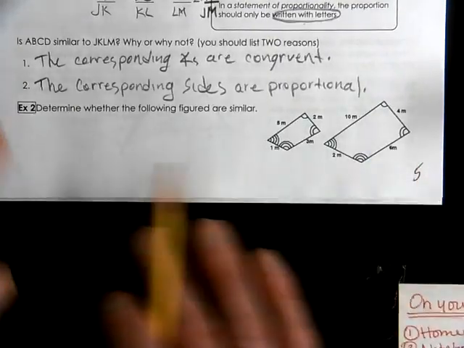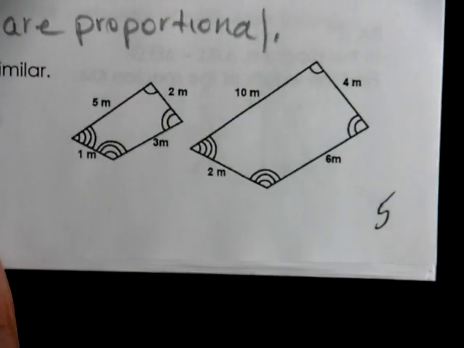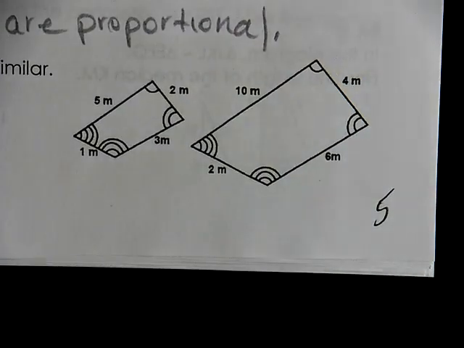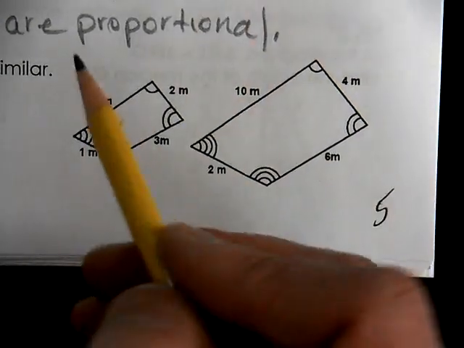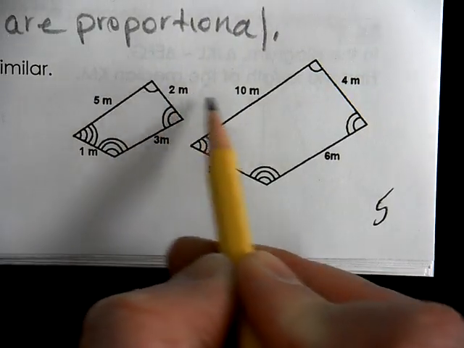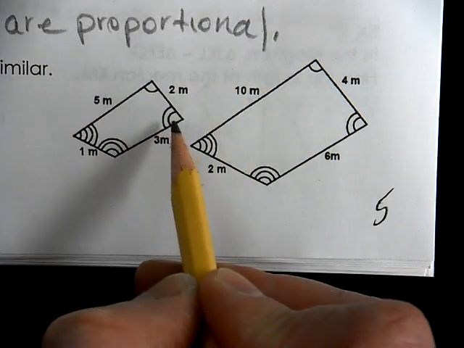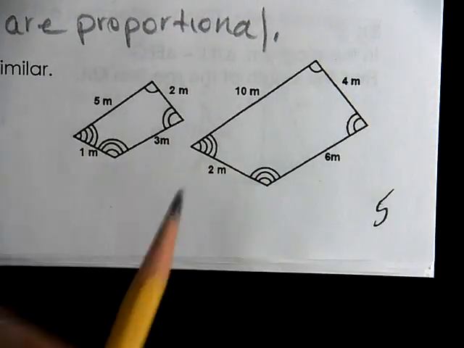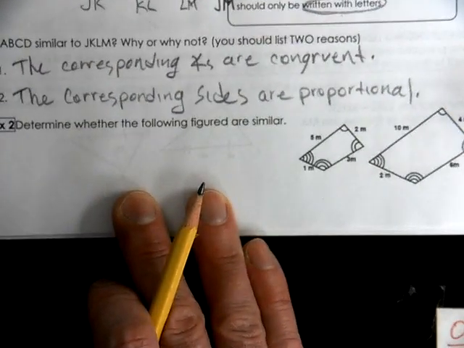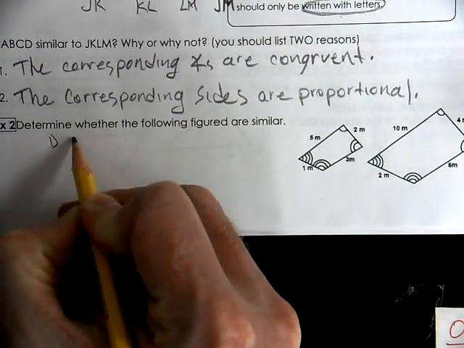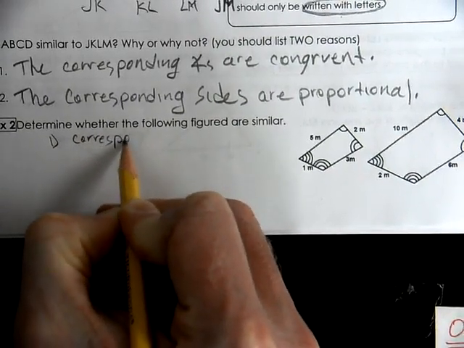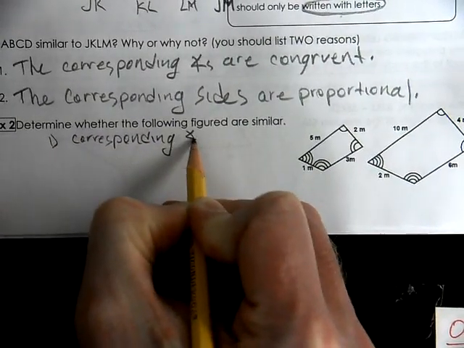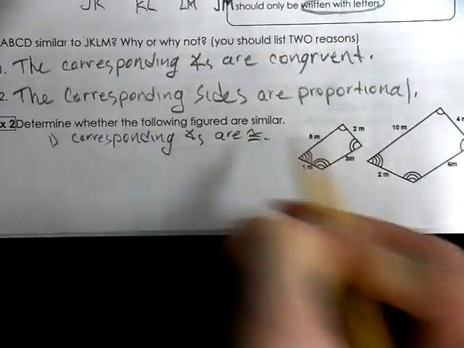So let's look at this example. Are these two figures similar to each other? For them to be similar to each other, we need to first have congruent angles. We have a pair of 1 tick angles, followed by 2 tick angles, followed by 3 tick, and then 4 tick angles. So number 1, corresponding angles are congruent.